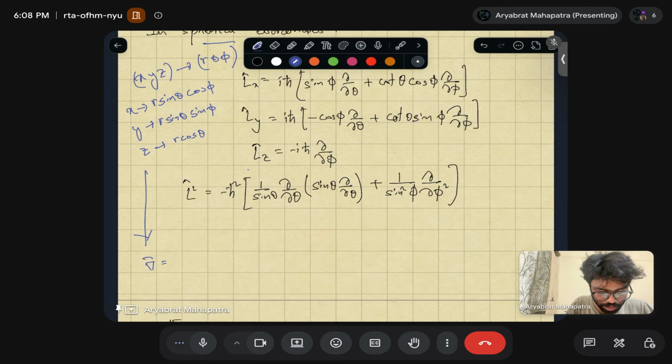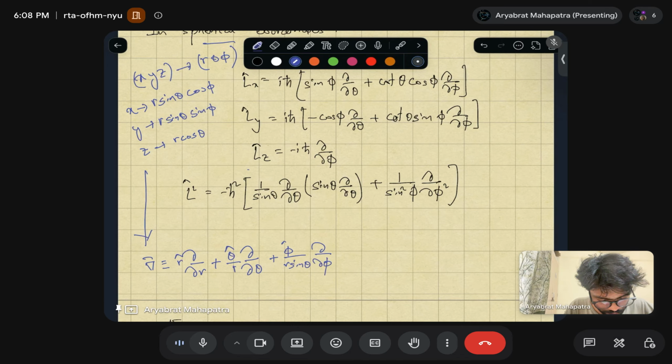I think this can be defined to be some radial unit vector, then you have the theta unit vector over r.